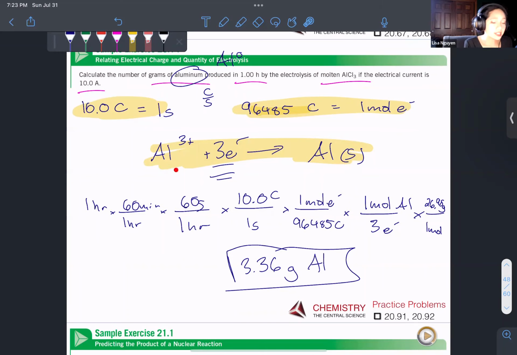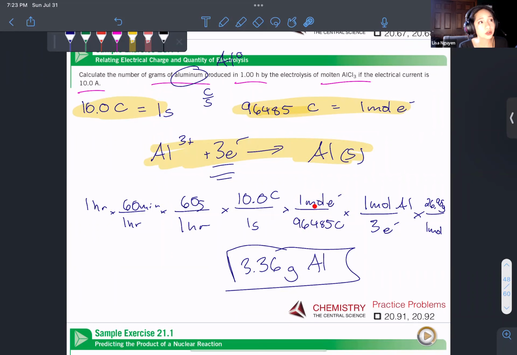And so this is stoichiometry, but we use the idea that an amp is a coulomb per second. So 10 amps, 10 coulombs is supplied per second. So if we start with the time, we can go through here, convert hours to seconds, and recognize, okay, if we have coulombs, you know how many coulombs we deliver, use Faraday's constant and recognize that 1 mole of electrons requires 96,000 coulombs.